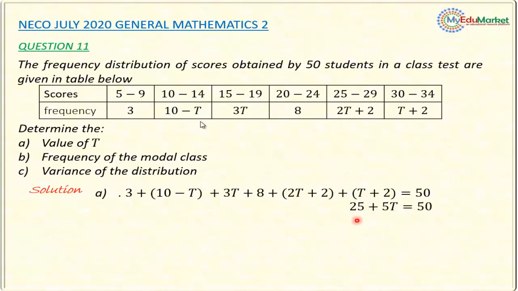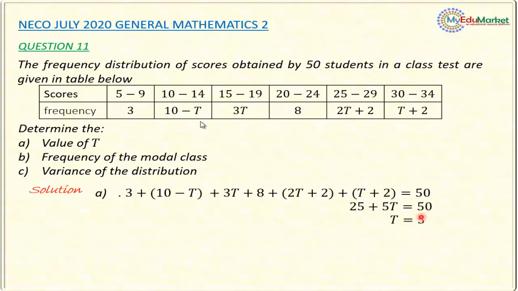So I take this 25 to the right hand side. There I have 50 minus 25, which is 25, and dividing both sides by 5, t is going to be 5. So the value of t in this table is 5.